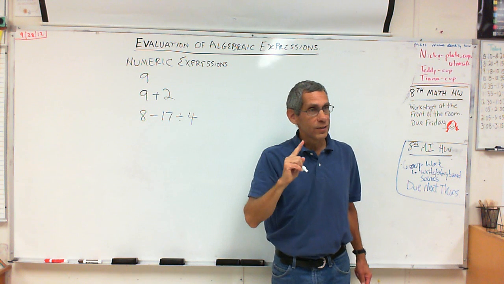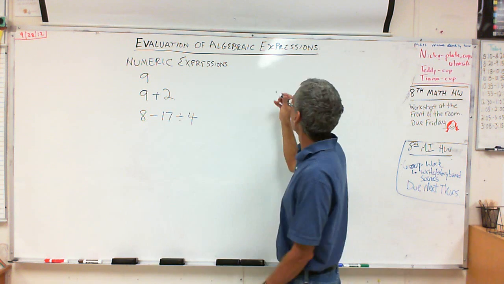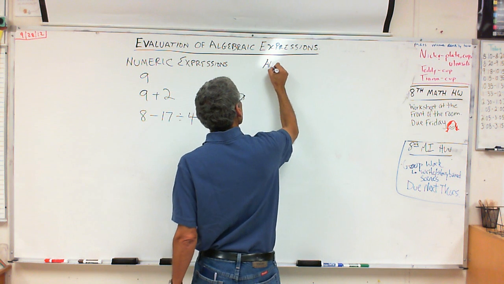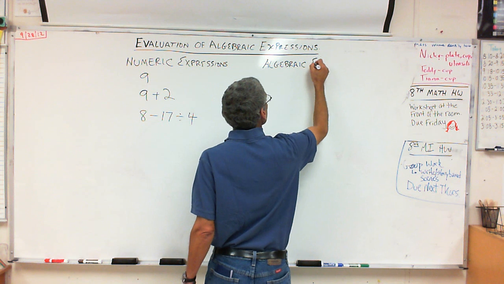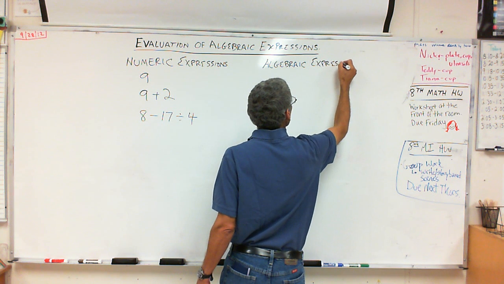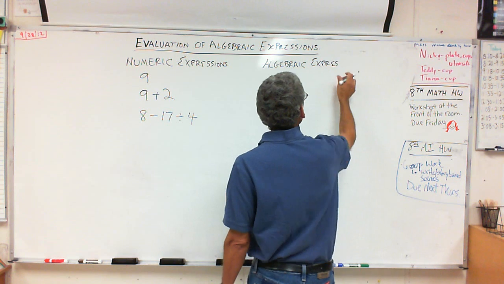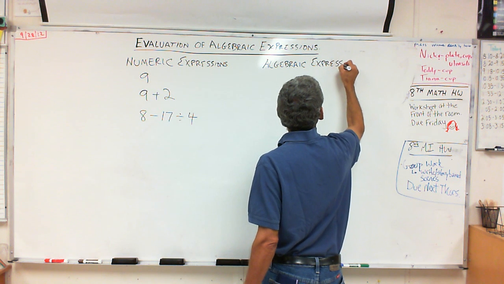Now, there is a different kind of expression that we're starting to move into, and they are called algebraic expressions. They say in Saxon that you can also call it mathematical expressions. Whatever. I think of it as algebraic expressions.